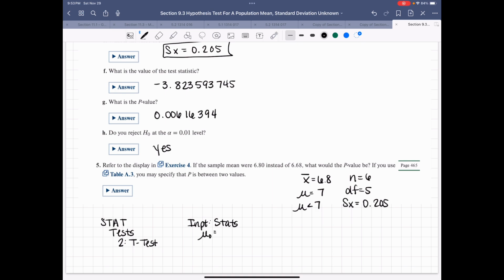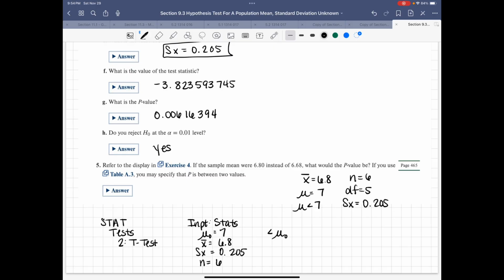Our null hypothesis will be 7. We can go ahead and enter that sample mean of 6.8, that sample standard deviation of 0.205. N, of course, is 6. And we will also choose less than the null.